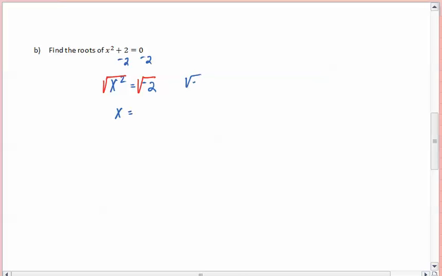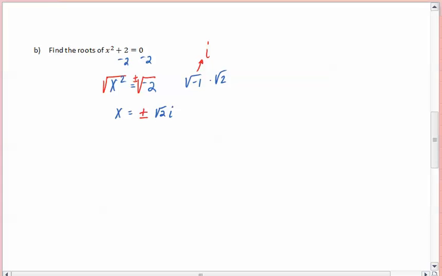Well, this is the same as the square root of -1 times the square root of 2. And we know that this is the letter i. Now, when we take the square root, of course, we put the plus or minus. So we have plus or minus the square root of 2 i. Now, that's 2 roots.